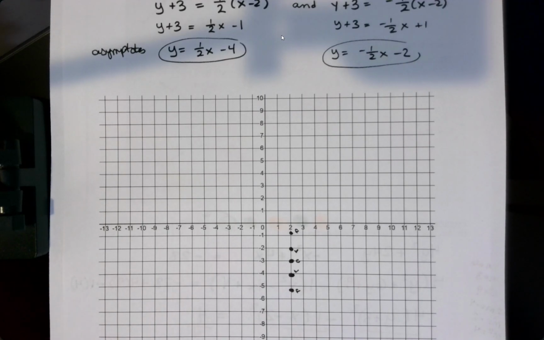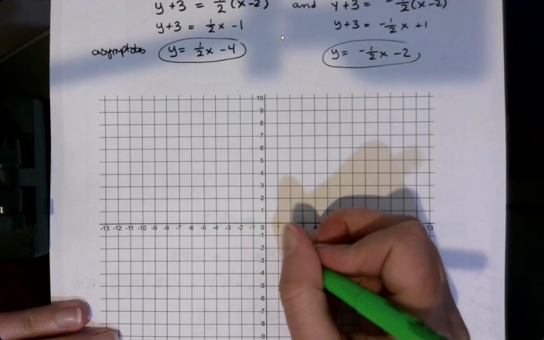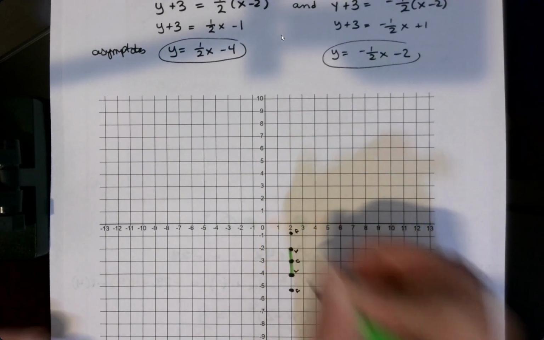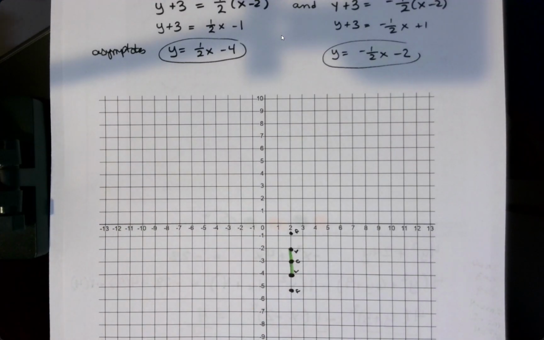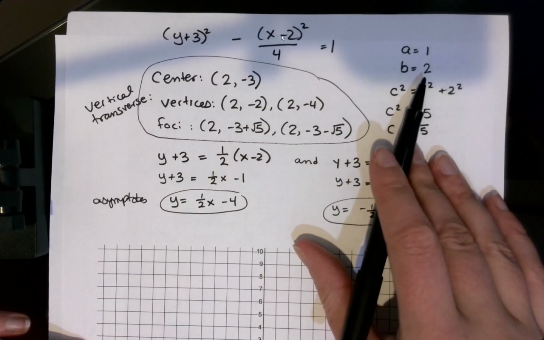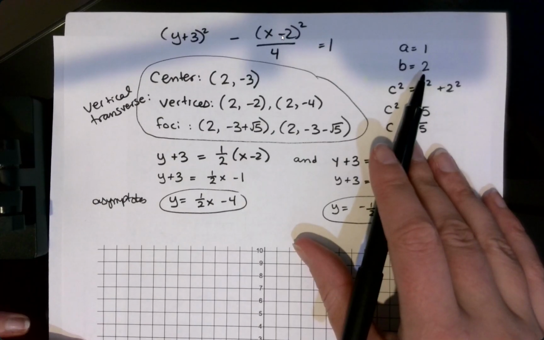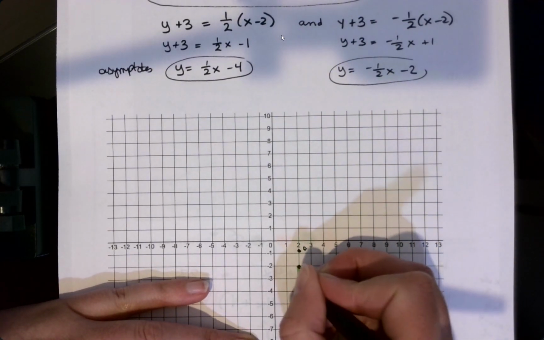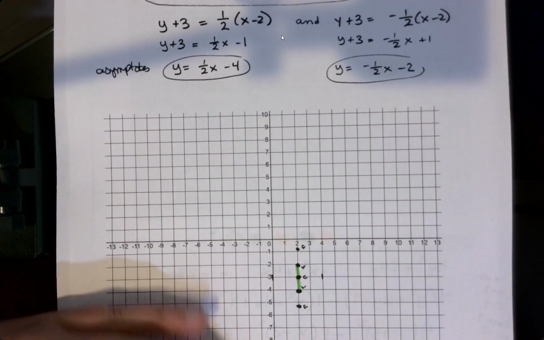I also know for myself that this is my transverse axis between the two vertices. And my conjugate axis, the axis that is in the other direction, will have a length of 2 in both directions. So it's going to go over 2 in both directions.